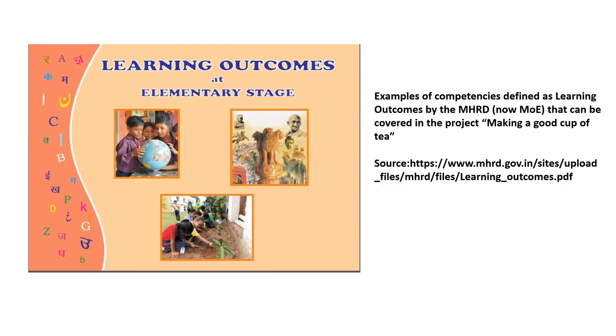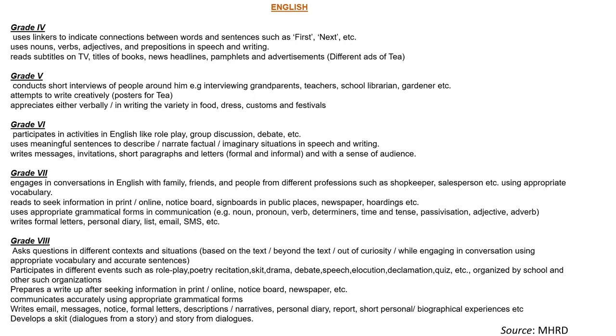Let us now see how we can integrate the competencies that are defined as learning outcomes into the project. If we take the subject of English, then, while doing activities, different competencies according to different age groups can easily be integrated. For example, you can see here in grade 4, doing different kinds of advertisements when they are reading labels, that would be fulfilling a competency in grade 4.